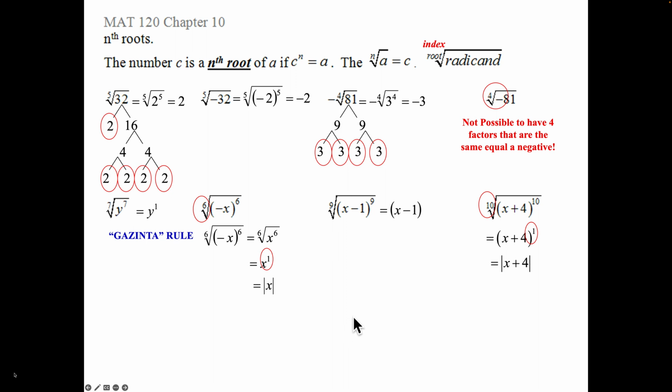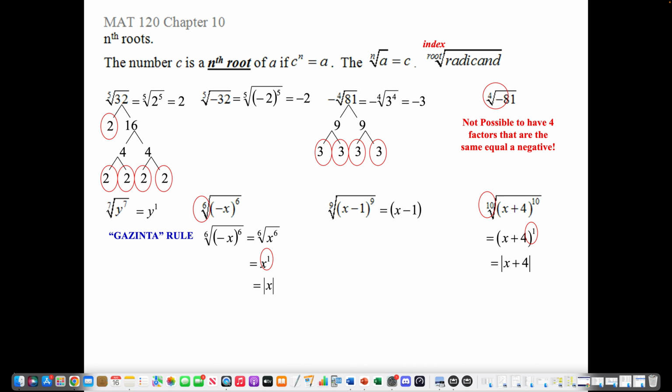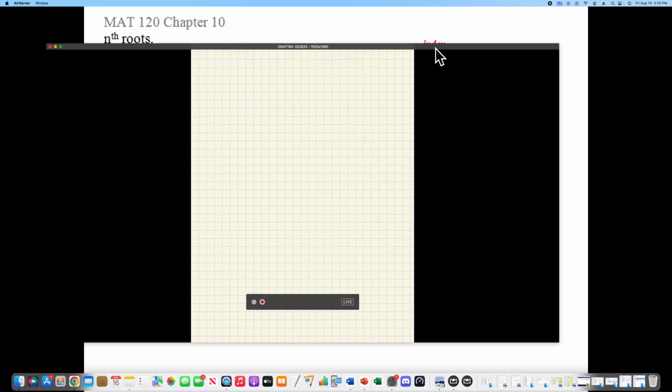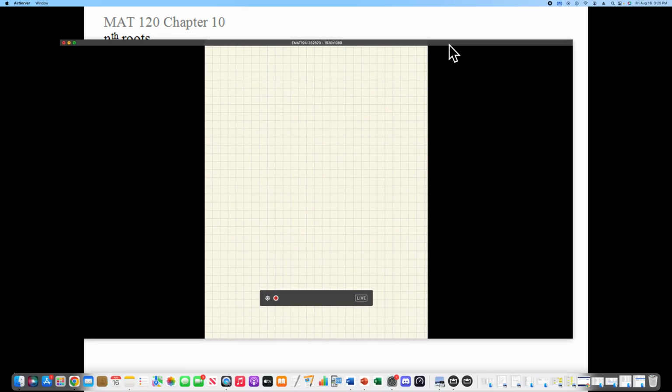So, what's going to happen when it comes to the test? Glory be, how do I know if I have to have absolute value bars or not? Well, let me show you. We'll write this down somewhere in your notes. A little trick in what to do when it comes to the test. So let's say we have problems 1, 2, 3, 4, 5, 6, 7, 8.